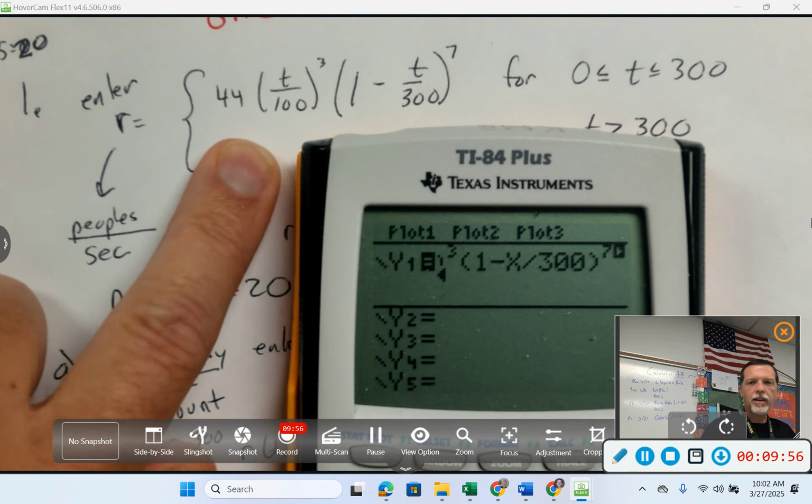If you're afraid you're going to use Y1 in showing your work, it's okay as long as you label what you're doing, although I kept the R(t) thing, so I'm all right. So math 9, integral from 0 to 300 of Y1 dx. That means 270 people entered the line.